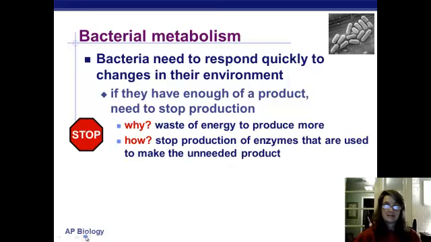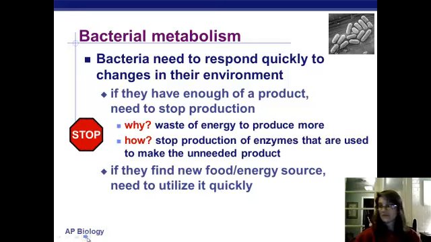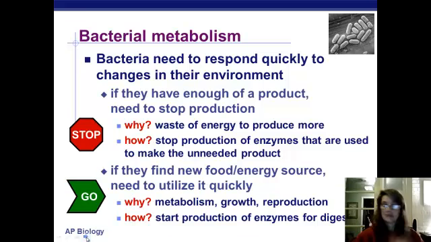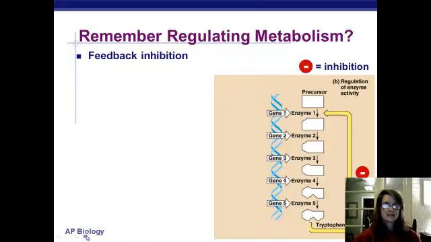But if they don't have enough of a product, or if they find a food source and they need an enzyme to digest it, they need to be able to start up making their enzymes or whatever they need to make. They need to be able to stop production and start production of different proteins when they need them and when they don't need them. It's just common sense.